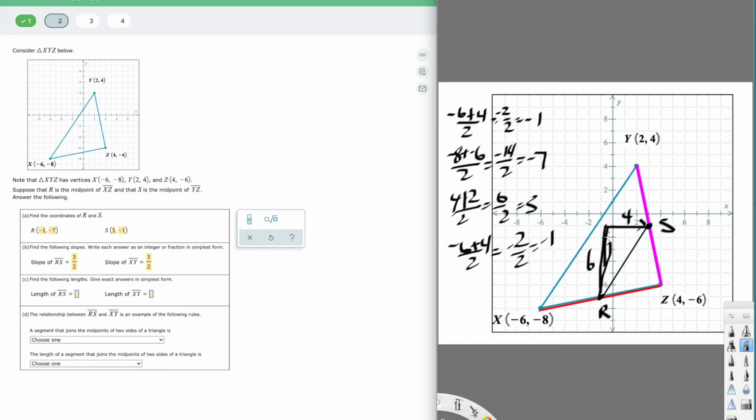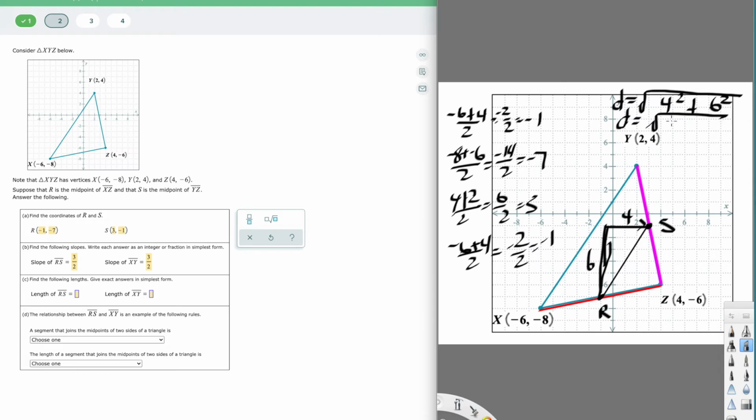So the distance formula is the square root of the difference of the x's, x1 minus x2, which is 4. We did that already visually. And then we square that, plus the difference of the y's, which is 6, like that. So we already kind of did the calculation, just didn't finish it.